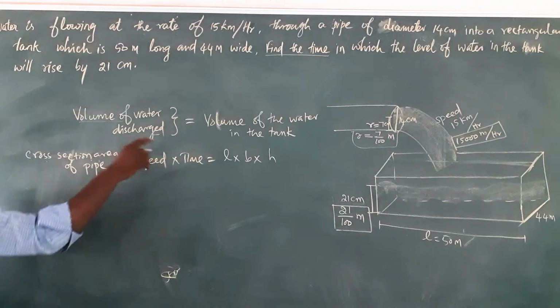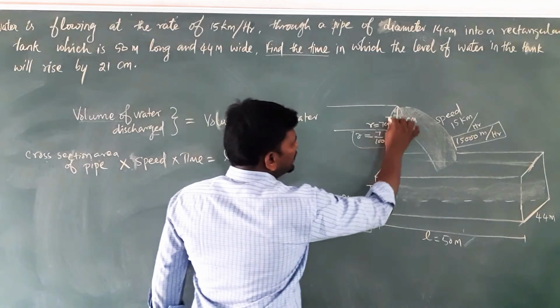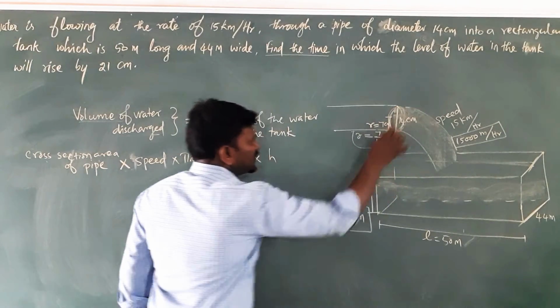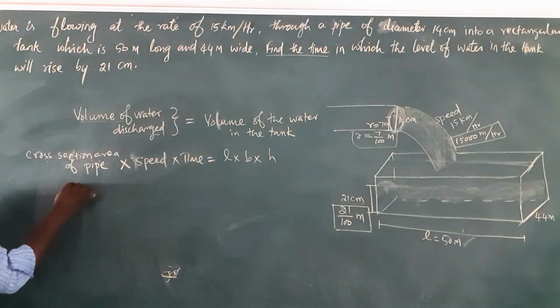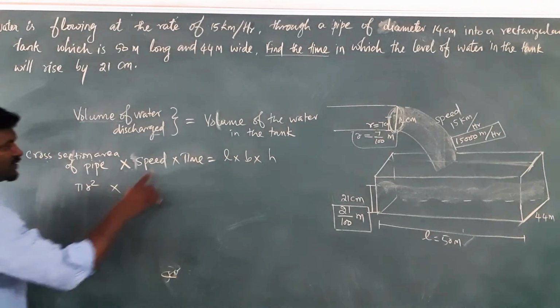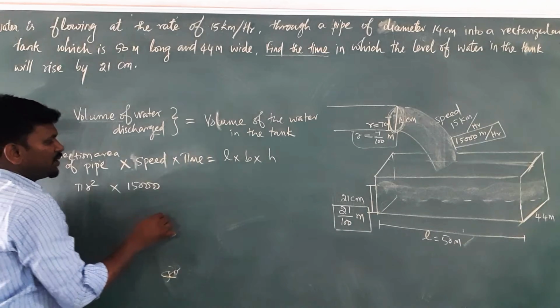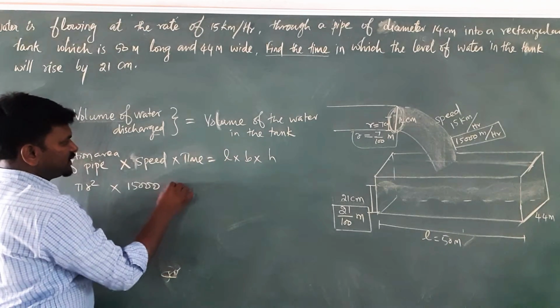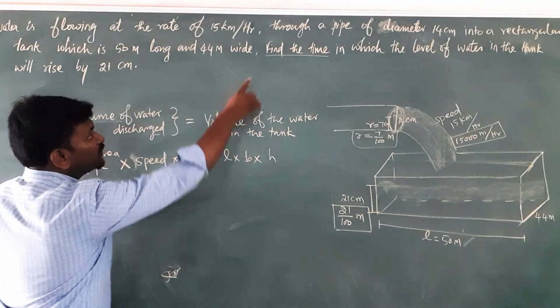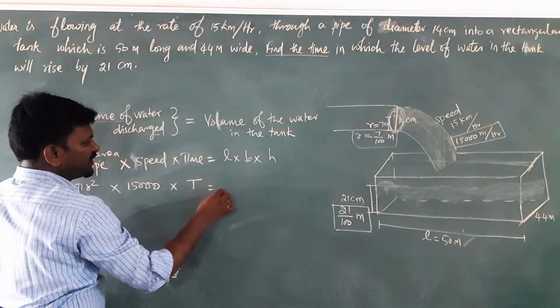Cross section area, the cross section area will be like a circle, so that area is pi r square. Speed 15,000 meter per hour into time, we have to find the time, that we have to find.